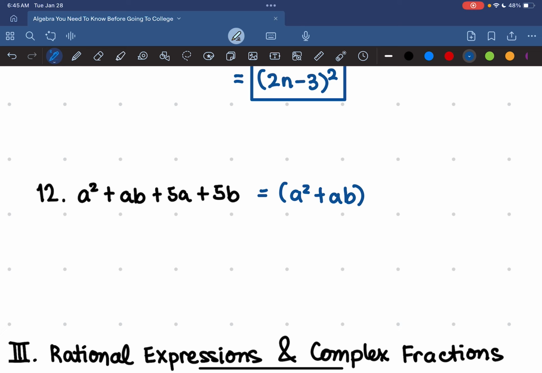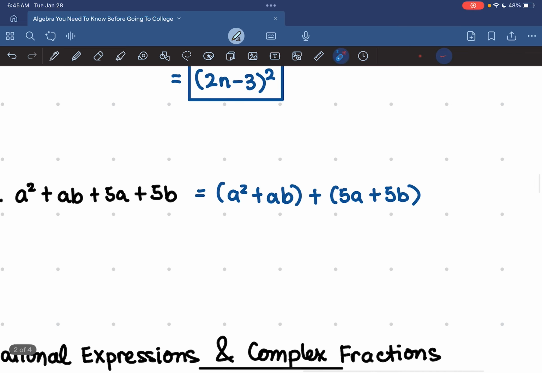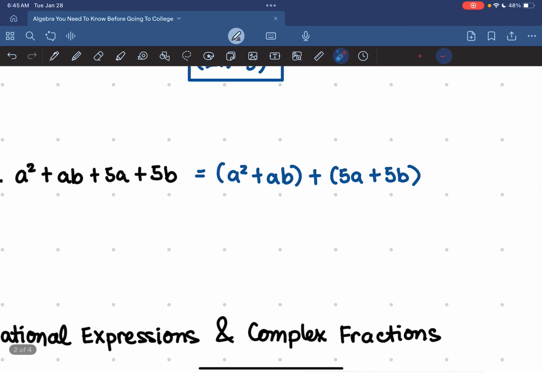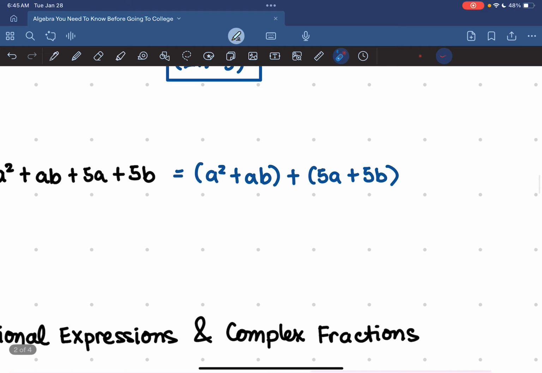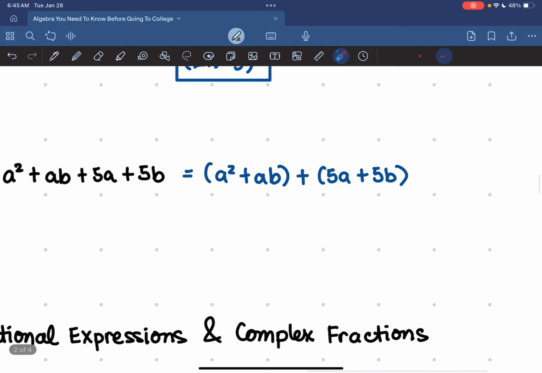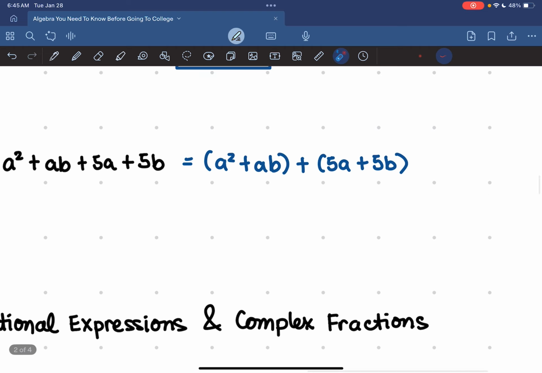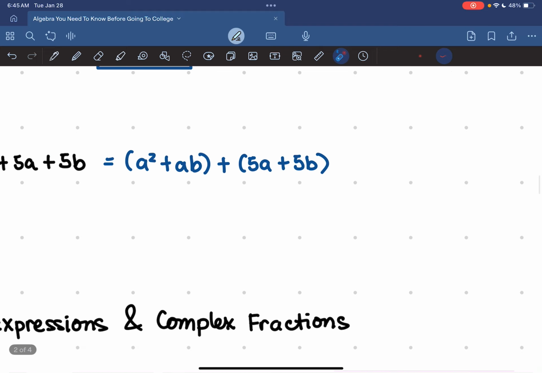And then we group the last two terms. And from here, we factor out a term. I think the space that I allotted is not enough. Okay, whatever.